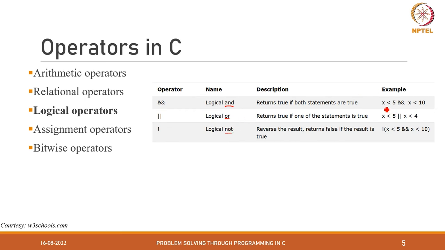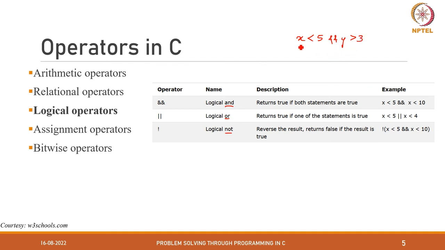We saw relational operators just before, and say we have two such relational conditions. We want to check if x is less than 5, and at the same time x is less than 10. Let me give you another example: y greater than 3.